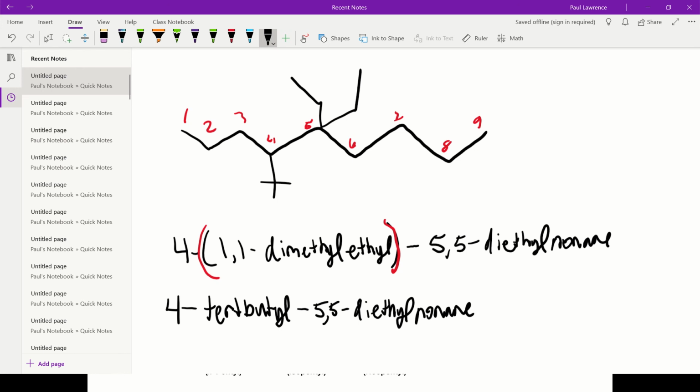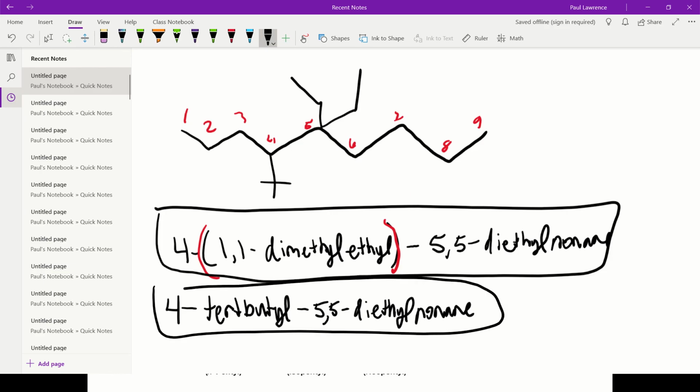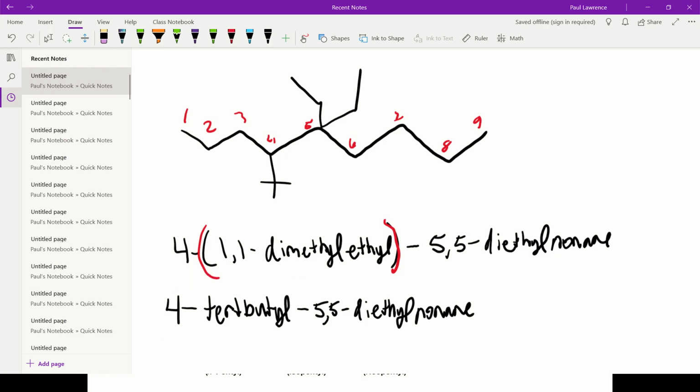So it doesn't matter if on the exam you wrote this as the name or this one, you would get 100% on either one. My preference is the second one because I like to use the common names for the substituents. Now look at this here. Why did we put the tert-butyl first?